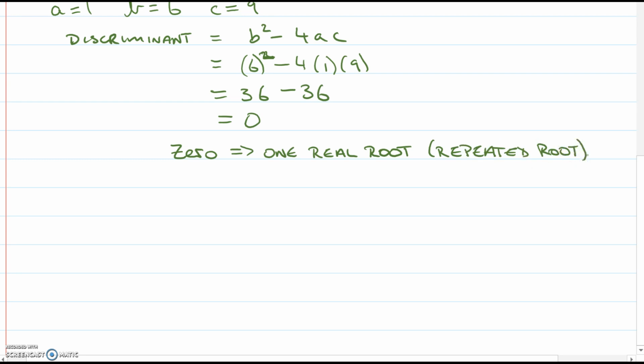So it's going to be 1 real root, a repeated root, and the graph is going to touch the x-axis once, but not cross it.